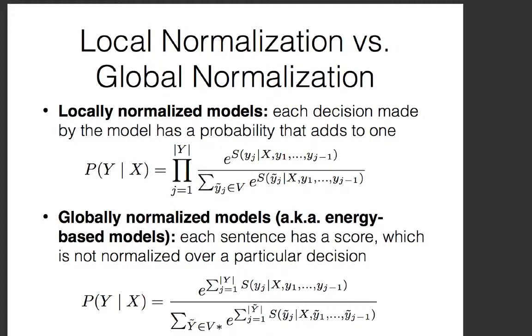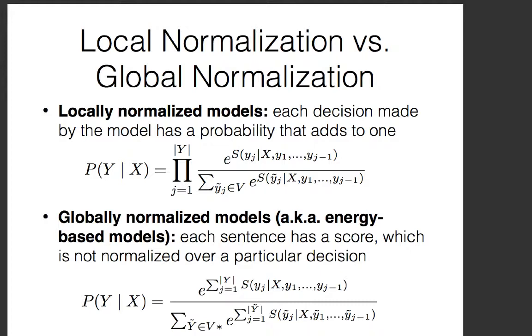So hopefully that gave you some time to take a look at the equations here and find the difference between them. Basically, the model above is a model that we've been used to seeing before. This is the language model probability, or the encoder-decoder probability, where we generate one word at a time, and each word is generated according to a softmax, according to a normalized probability distribution.